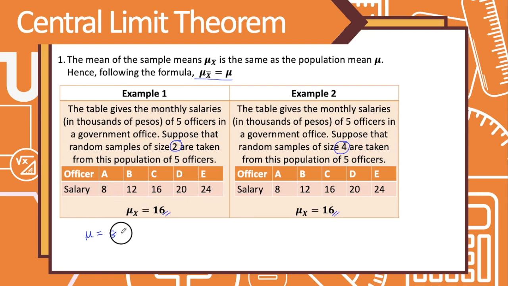So, that will be 8 plus 12 plus 16 plus 20 plus 24 divided by 5. Notice that the answer here is also 16. So hence, it is always like this for any situation. The mean of the sample mean is equal to the population mean. So this is the first property of central limit theorem.